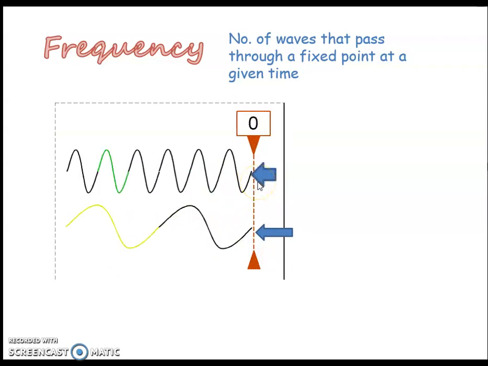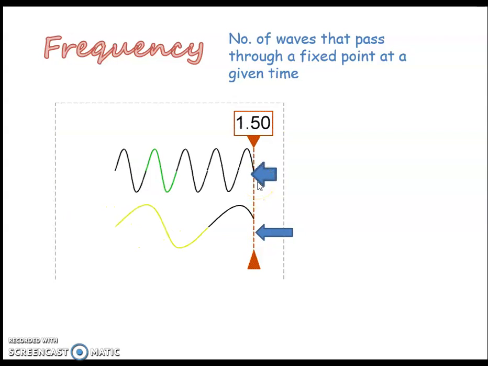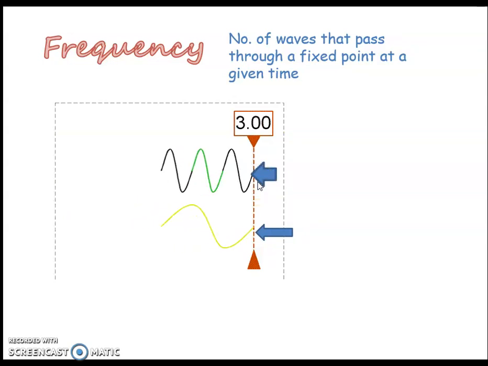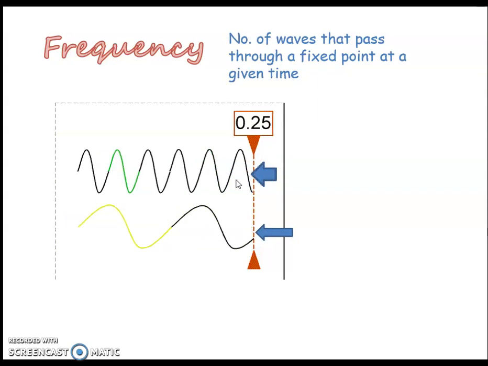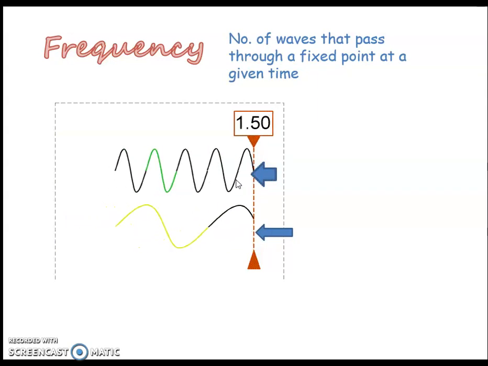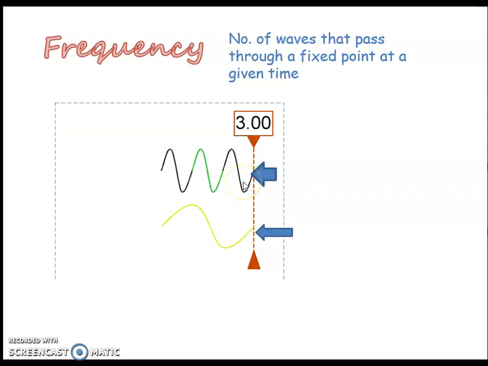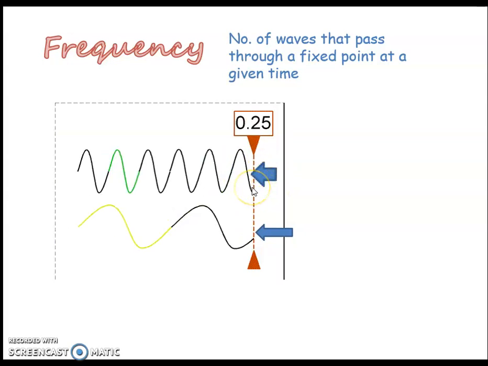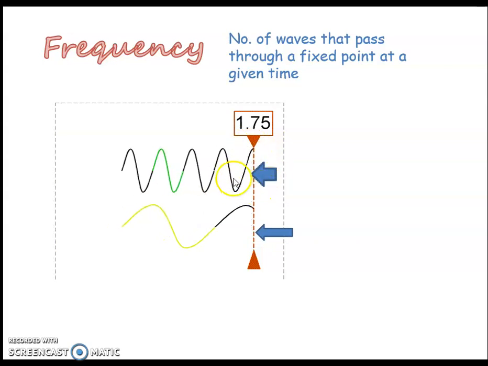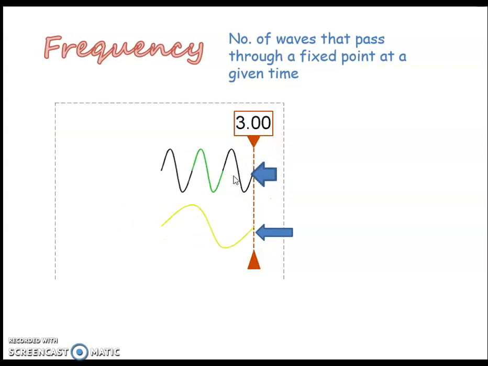More peaks of the shorter wavelength wave will pass by you in a given time. For the shorter wavelength wave, the number of peaks passing is higher, that is, it has the higher frequency.